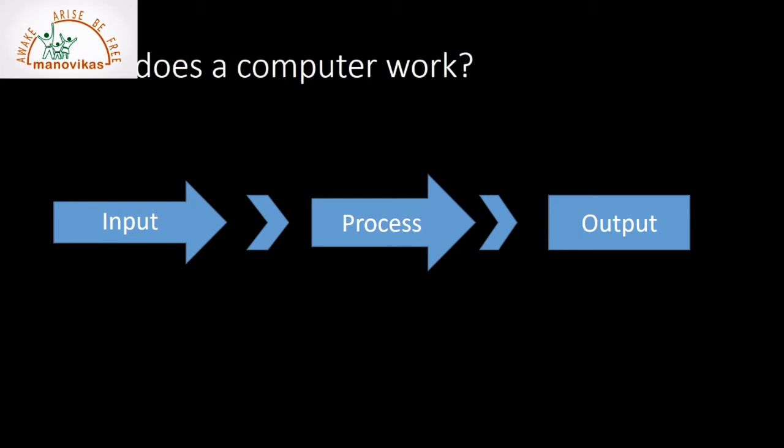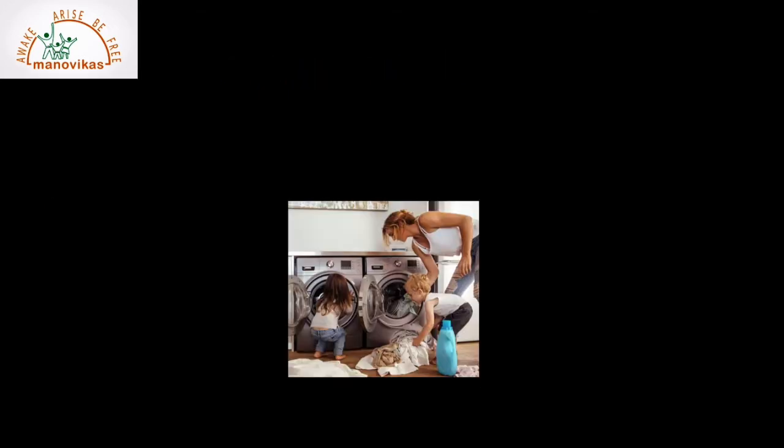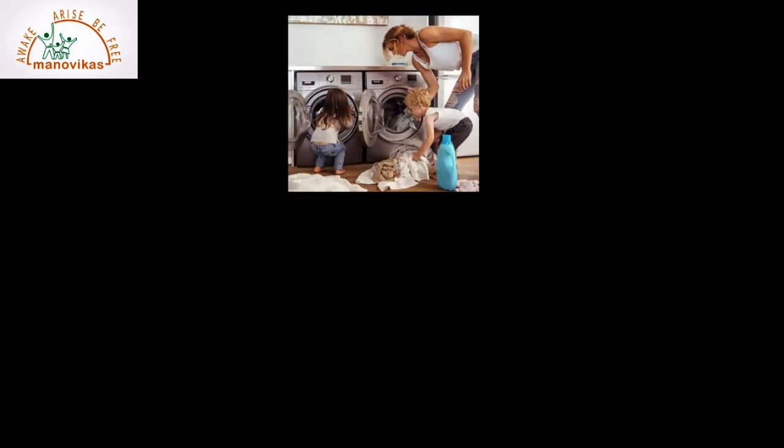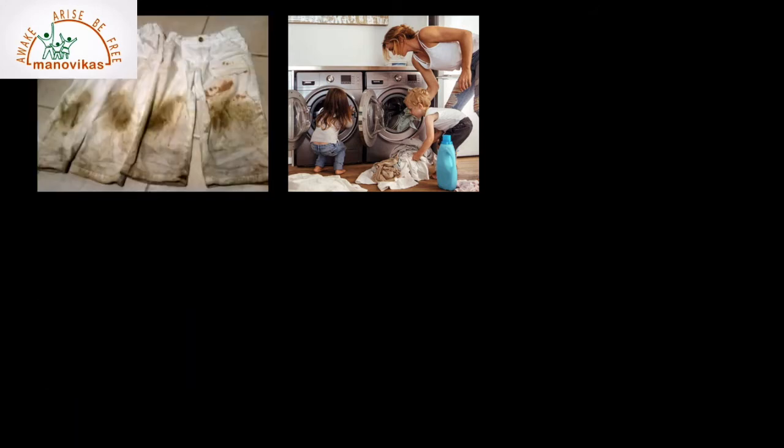Just like a computer works on IPO cycle, there are many such machines that also work on IPO cycle. Like for example, a washing machine. Washing machine takes input as dirty clothes.